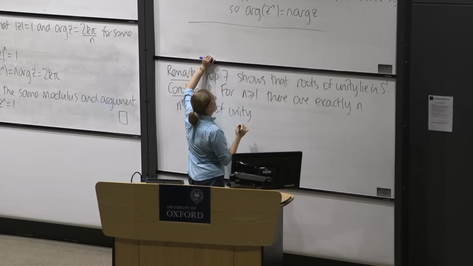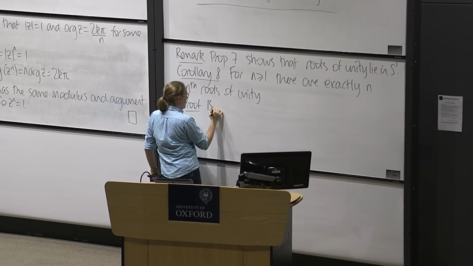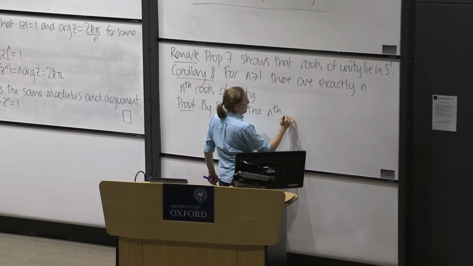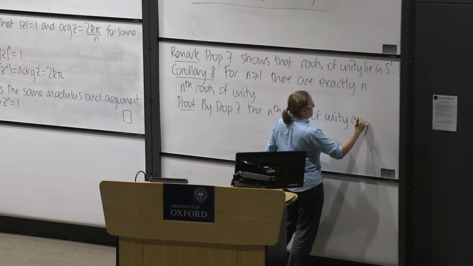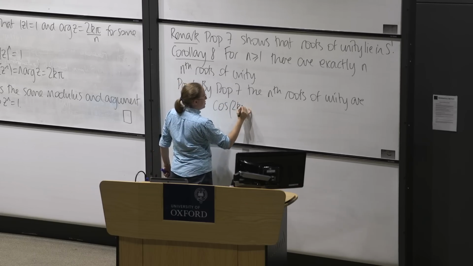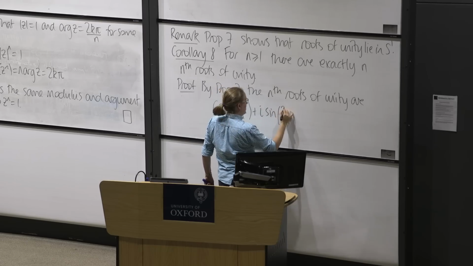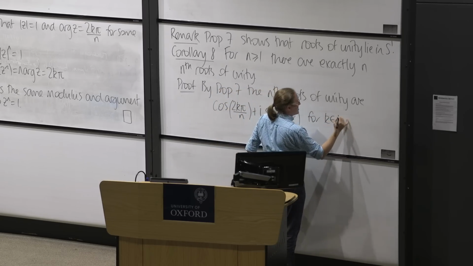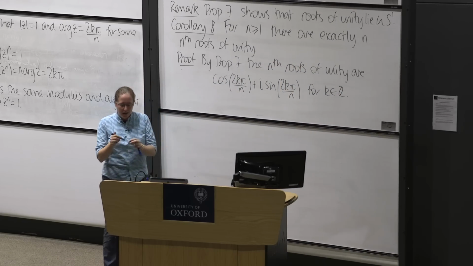And that's quick to prove from proposition 7 because we know what the nth roots of unity are. So by proposition 7, one way of writing them would be as cos of 2k pi over n plus i sine of 2k pi over n for any k in the integers. That makes it look like there are lots of them, but of course there's lots of duplication here.